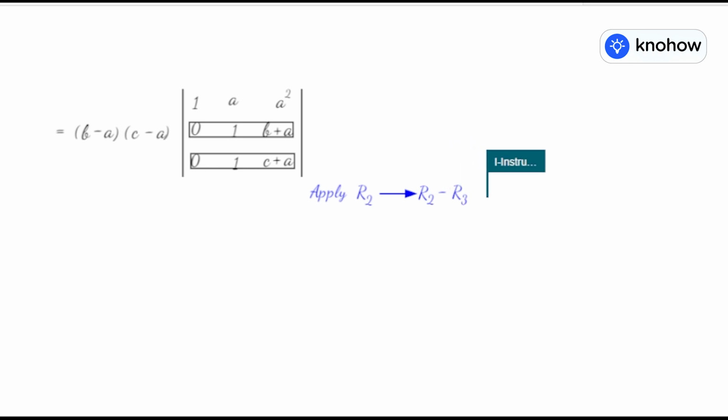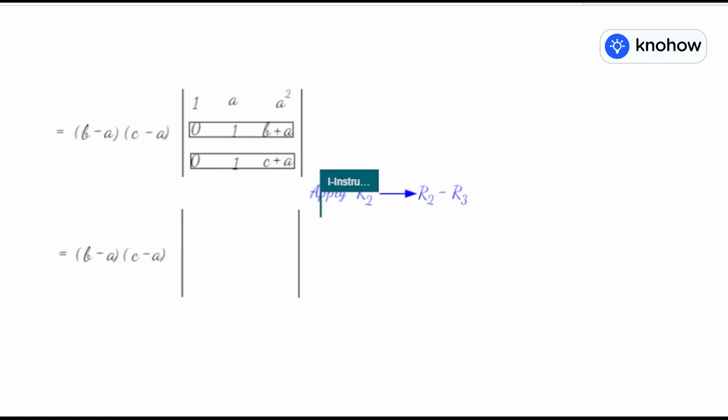Already you have b minus a and c minus a outside, keeping them as such, and applying R2 minus R3, keeping 1, a square elements of row 1 the same.